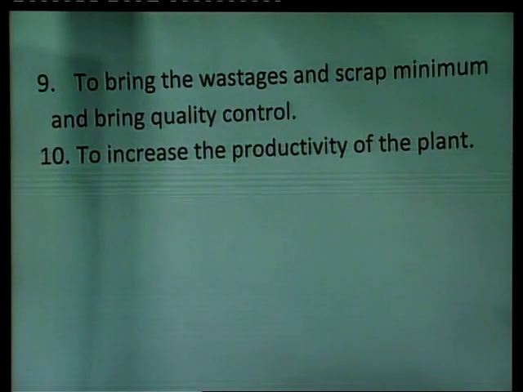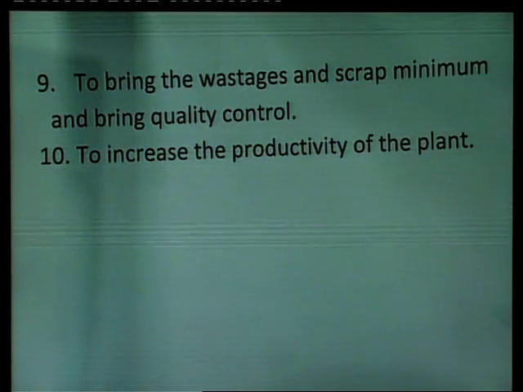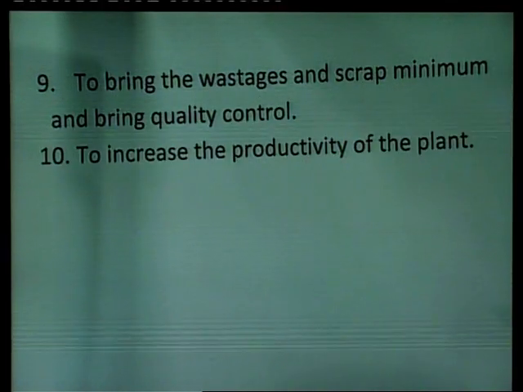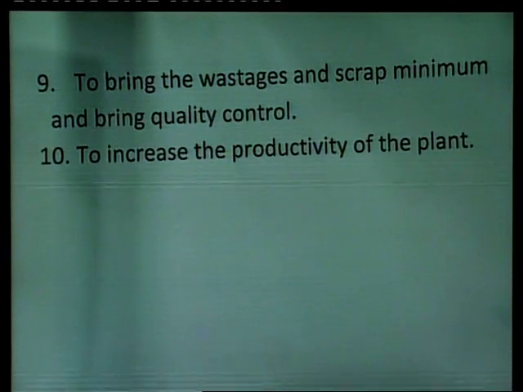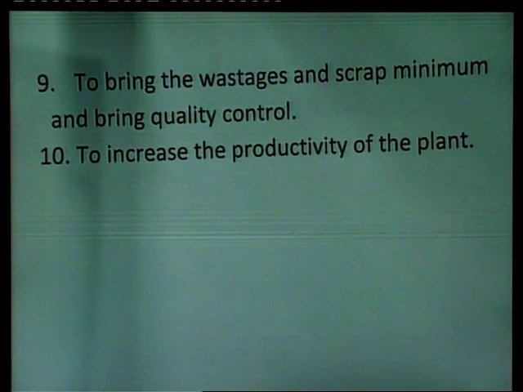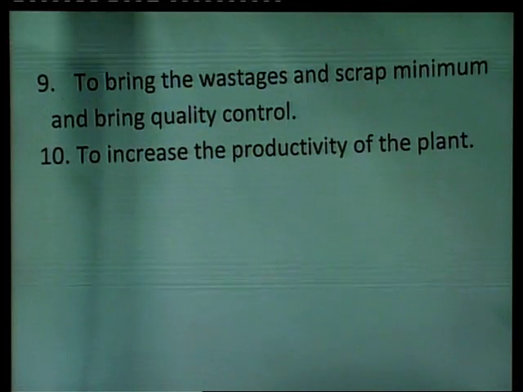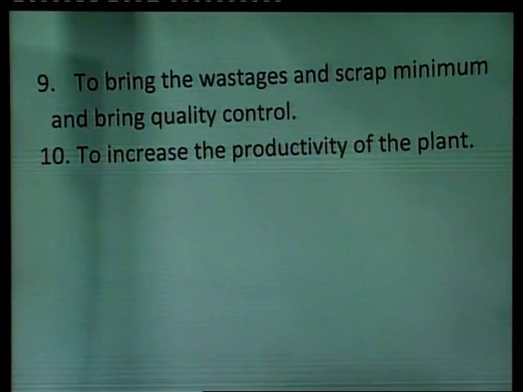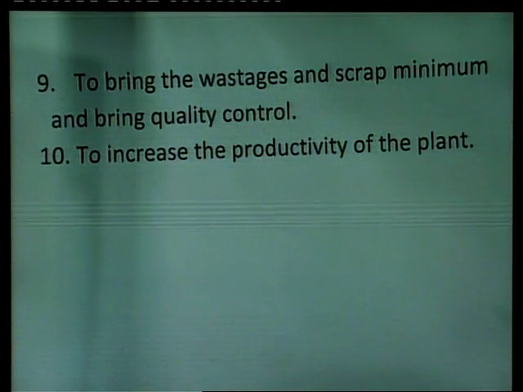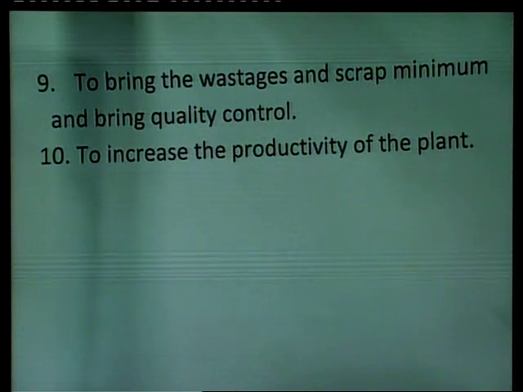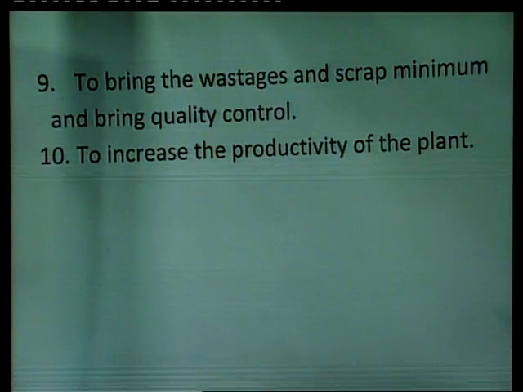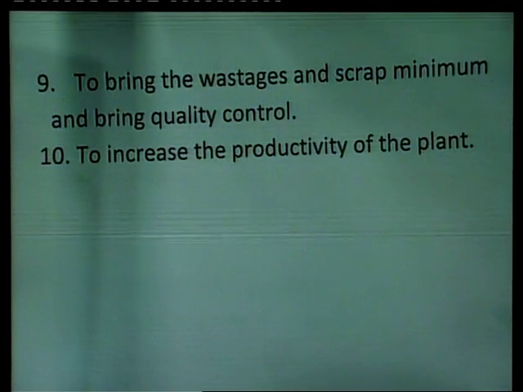Next one is to install and maintain the safety devices to prevent accidents and reduce the plant risk factor. Next one is to facilitate the production process by providing healthy and hygienic conditions to the workers, with control on the pollution factor using proper housekeeping.